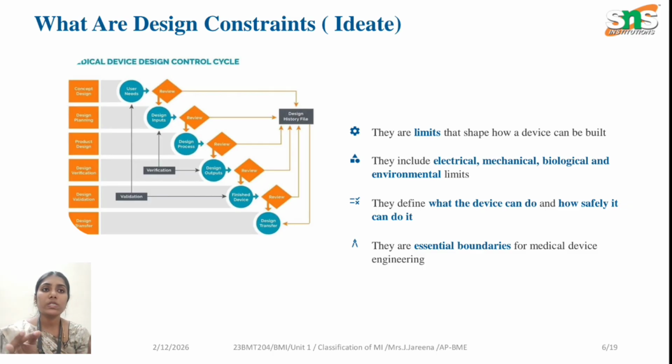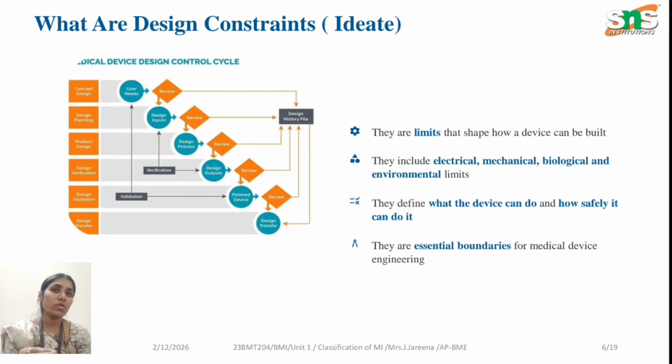Whichever aspect you are taking, whether you are working on an electrical component, a mechanical component, or dealing with biological samples, each and every aspect has limits, that is, boundaries. We have to work within those boundaries, not beyond them, otherwise we will lose performance. So it actually gives a meaning of what the device has to do and how safely it can do it.